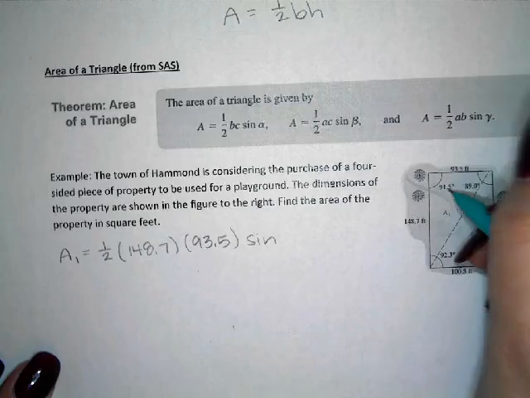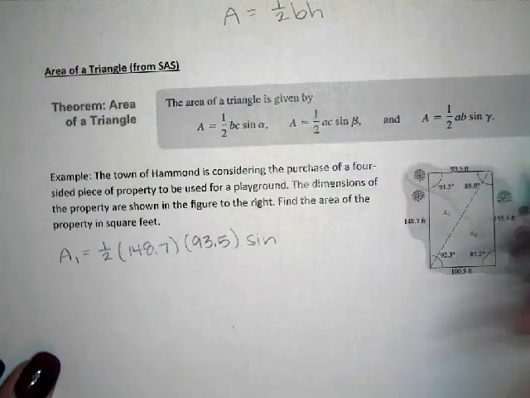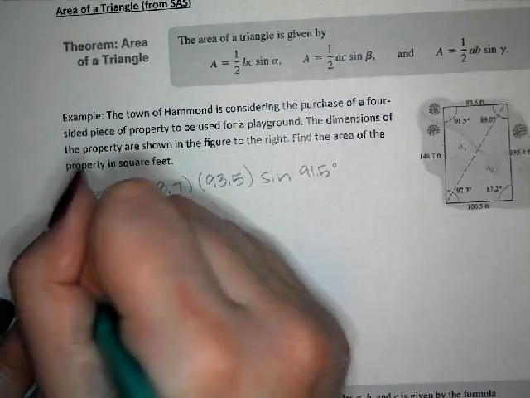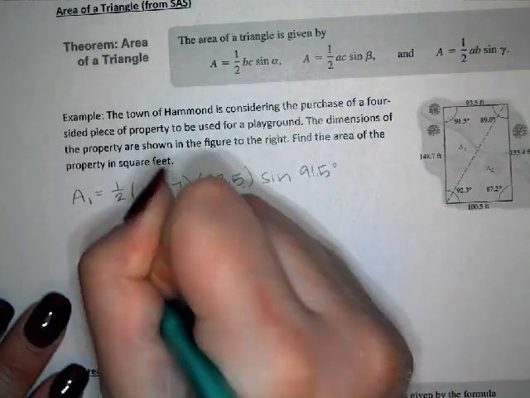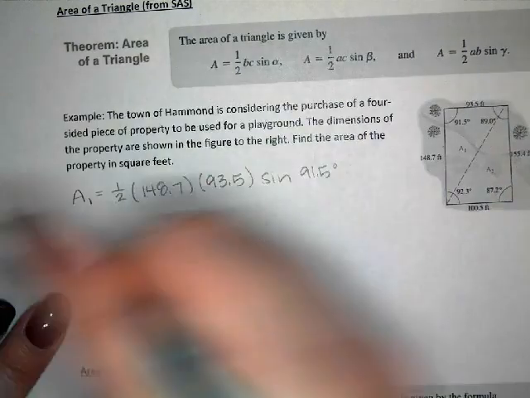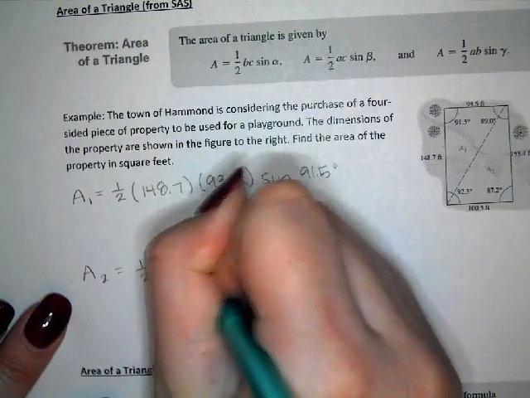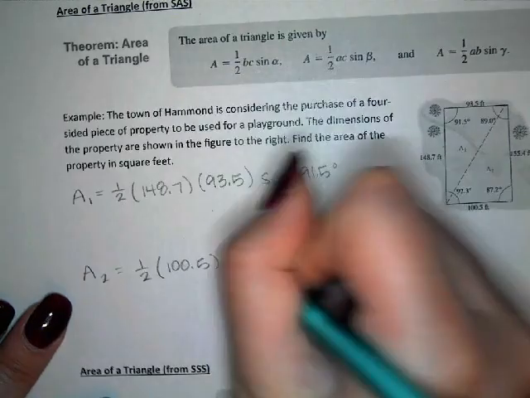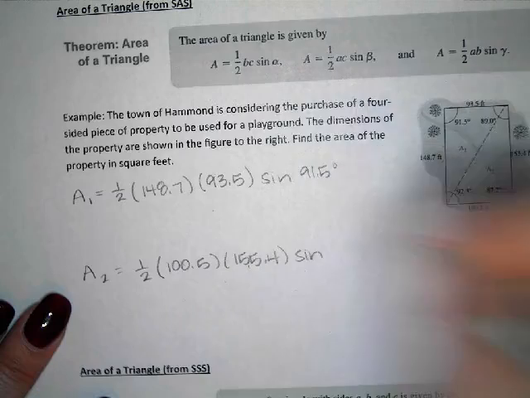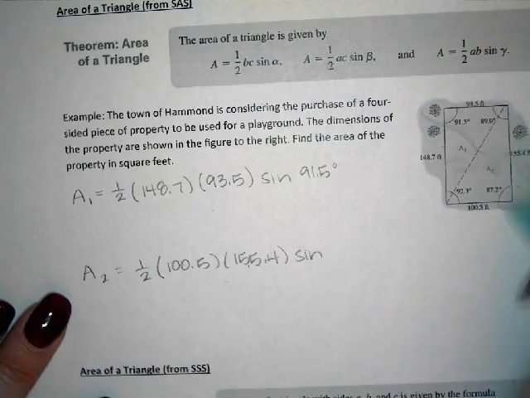Okay, for the other one, I have 1/2 times the two sides, so 100.5, 155.4 times sine of the angle that's in between them, so 87.2. And that's it. I just got to type it into my calculator and see what I got.